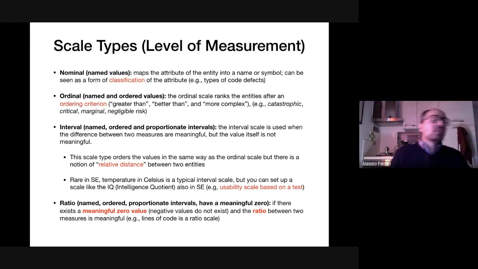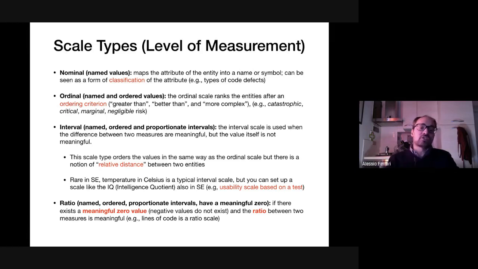It will range, for example, between 5 and 10 or 5 and 15, because all the elaboration that I make on the answers to the test allows me to create this type of scale in which I have an order, and the difference between the values of usability is meaningful, but I don't have a meaningful 0. This is also the same thing for the IQ. In general, these are not so common in software engineering, but consider that you may need to generate them for your software engineering experiment.